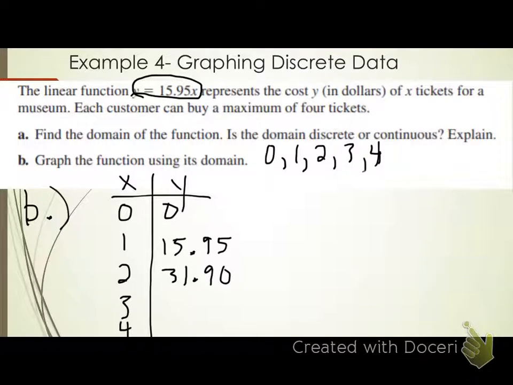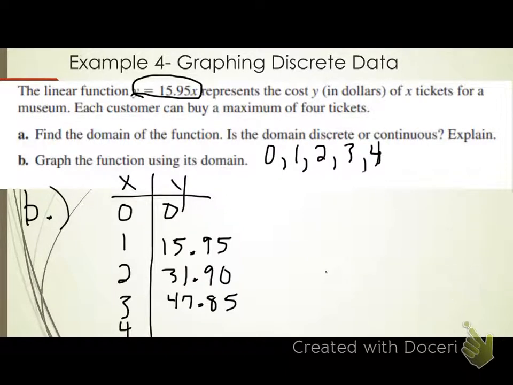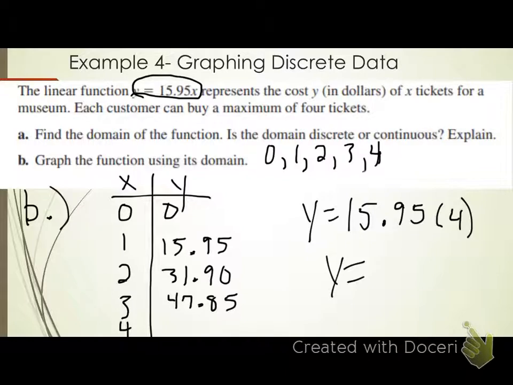Plugging 3 in would give me 47.85. And plugging 4 in would give me 63.80.